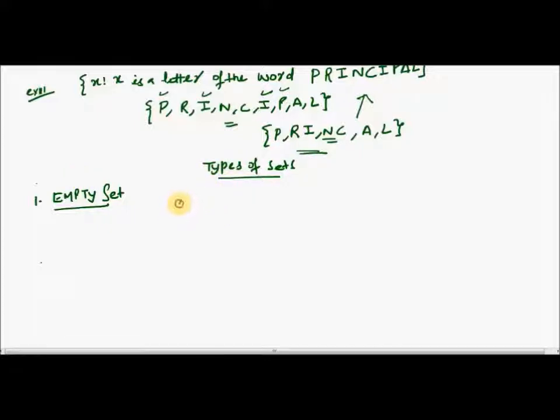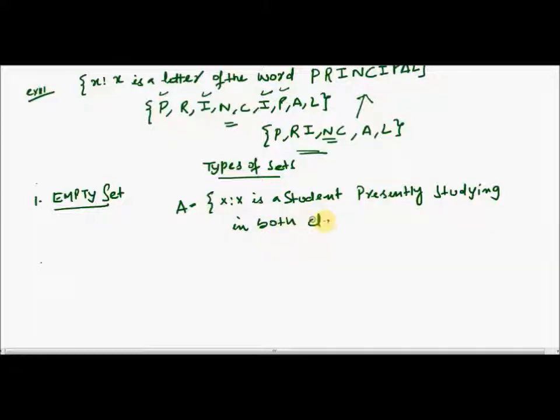Let's say we have a set A such that x is a student presently studying in both class 9th and 10th.